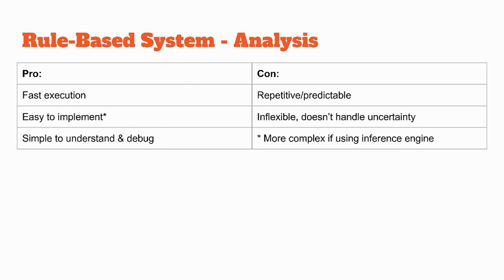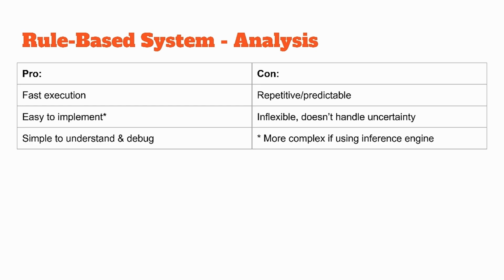So the pros of this is that it typically runs very fast. And as you can see, it's just a list of rules, so it's fairly easy to implement. It's simple to understand. This is probably one of the simplest to understand and debug because it's just a list of rules. But again, it can be repetitive. It doesn't handle uncertainty very well.